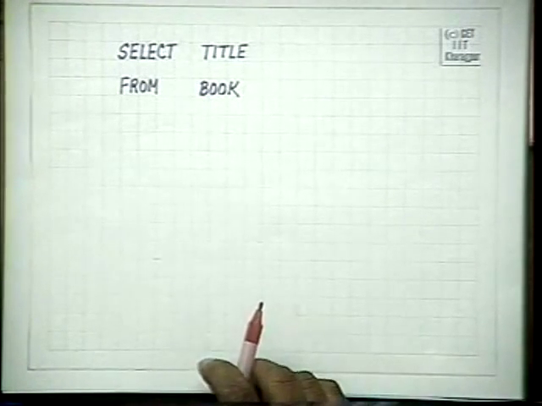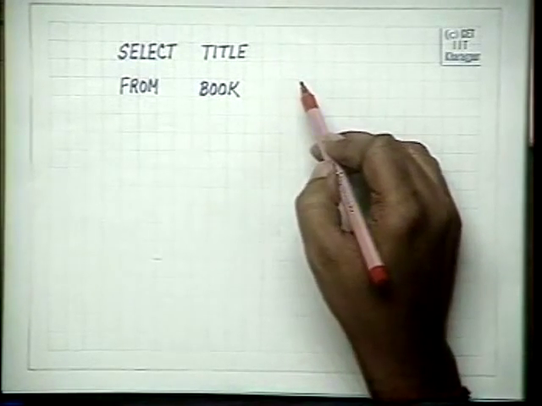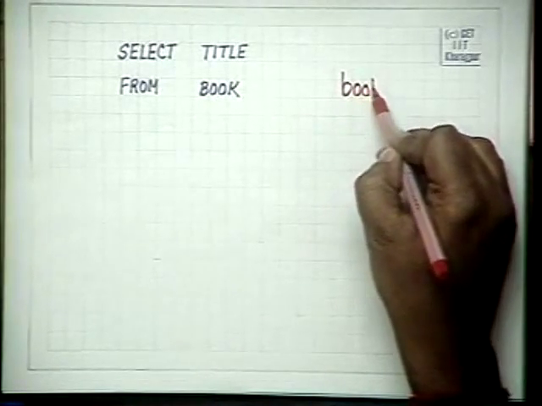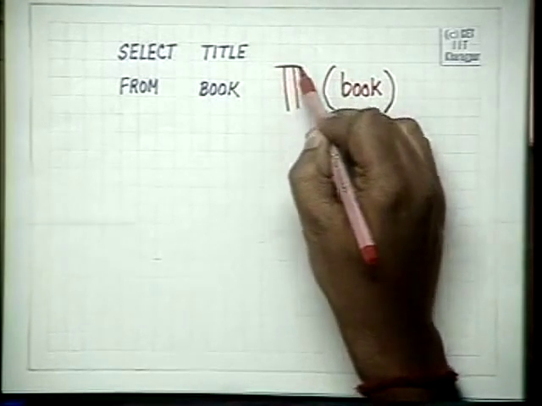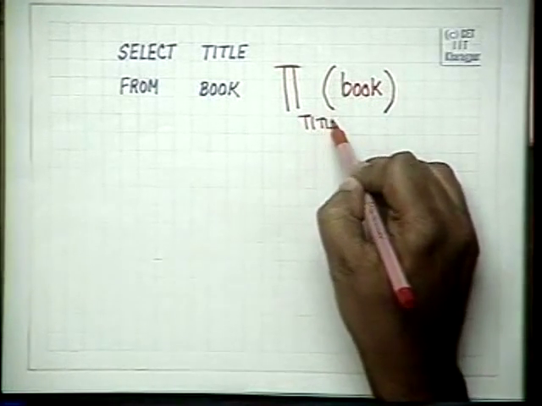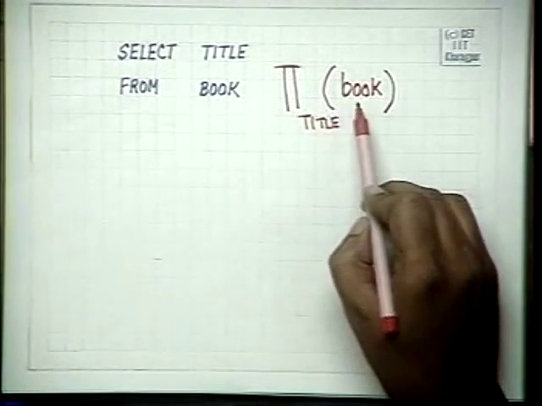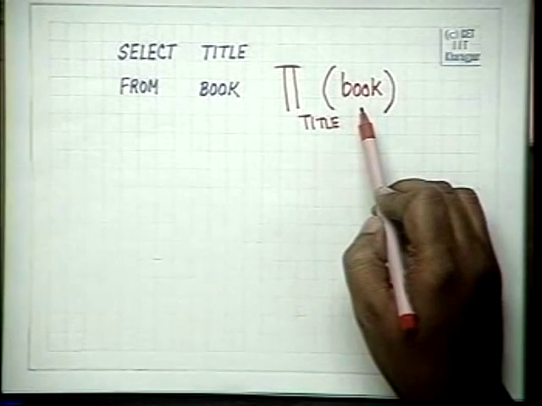The first example is select title from book. The equivalent relational algebra expression for this means that you will project out all the titles from book.